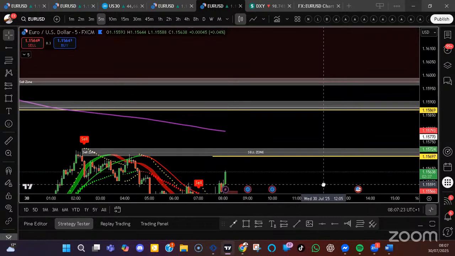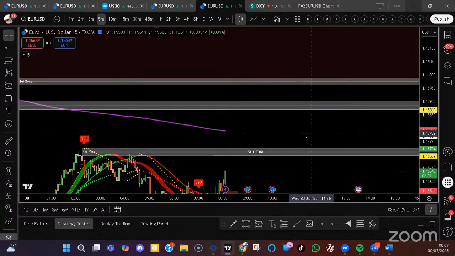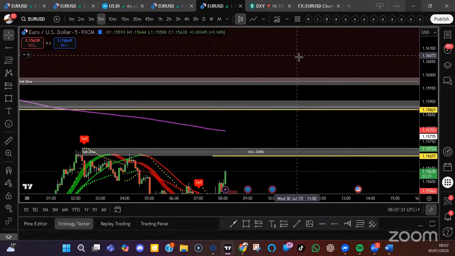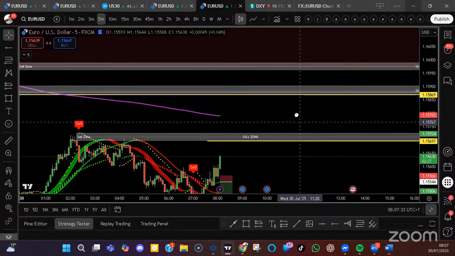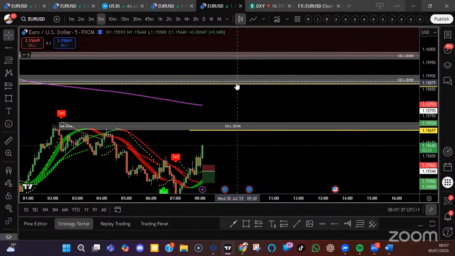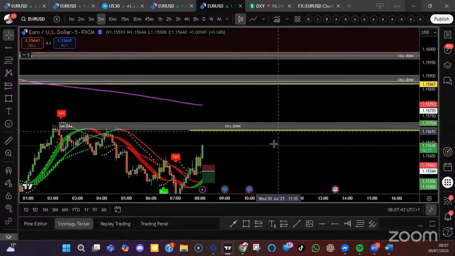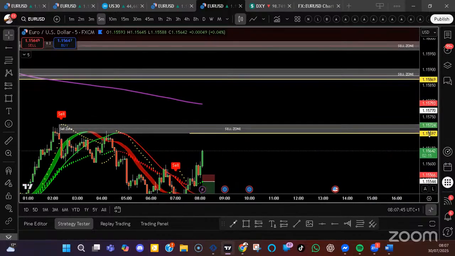But again, will they want to tap into this imbalance up here? All depending when. Are they going to save this for New York opening? Are they going to do it within this shift? Are there lots of sell orders here and here that we're not aware of? We trade what we see.